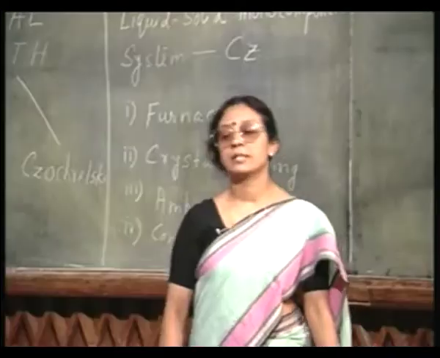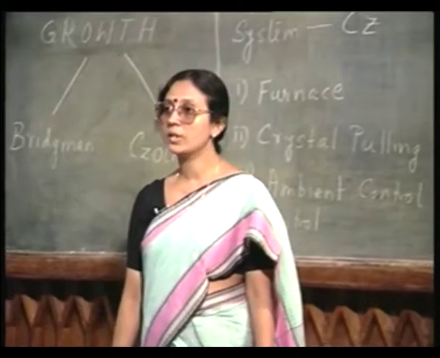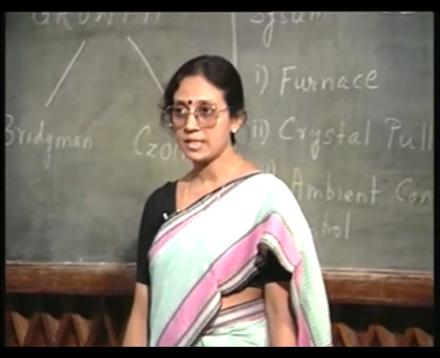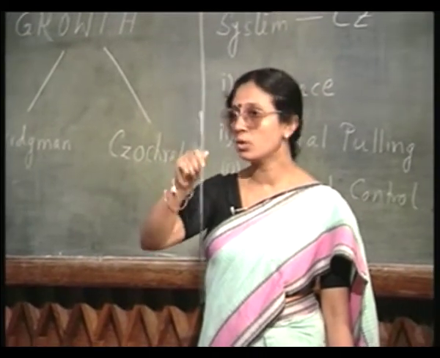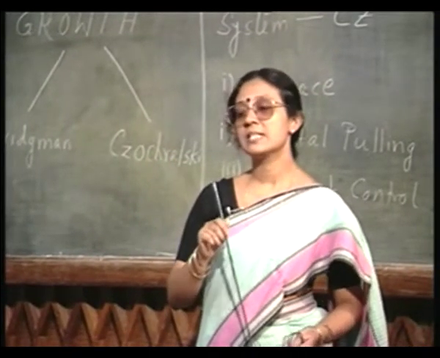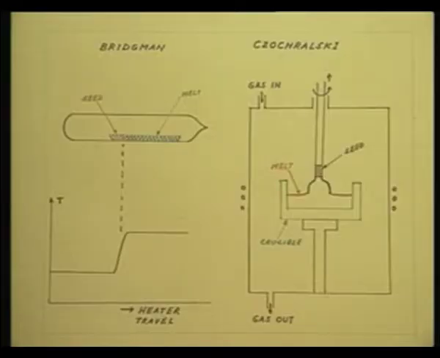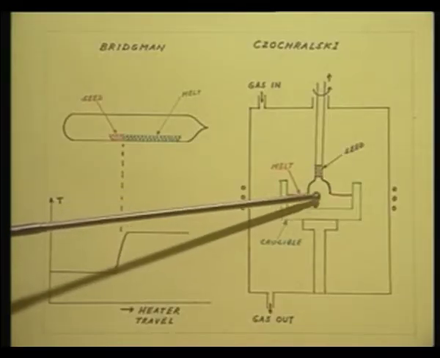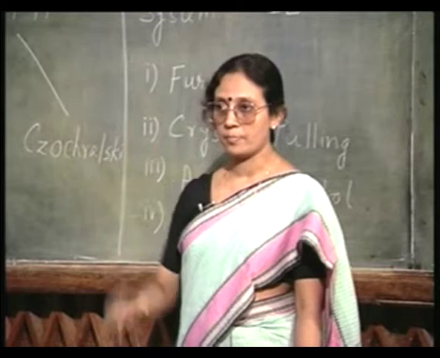After the charge is molten, it is uniformly in the liquid state, then the pull rod is gradually lowered till the seed crystal touches the melt surface. Then very slowly the pull rod is pulled up.